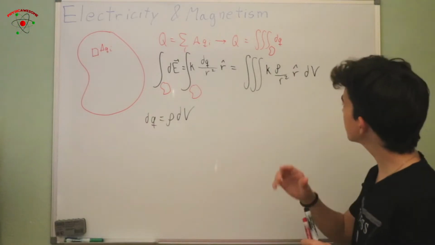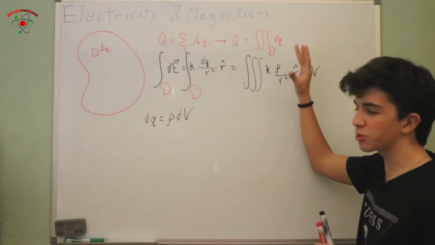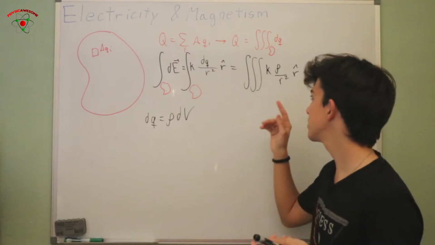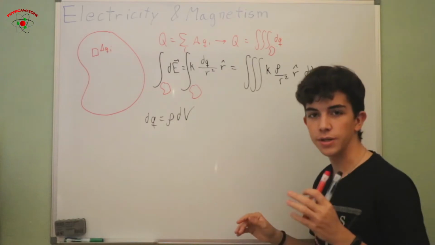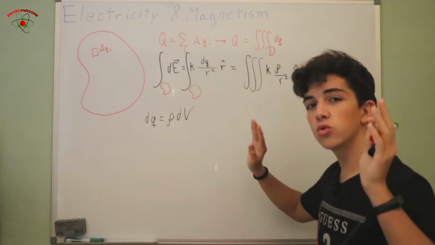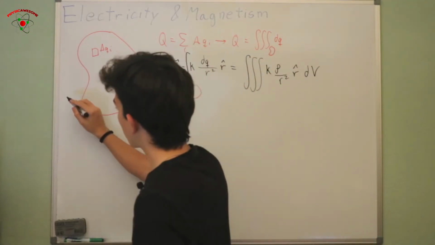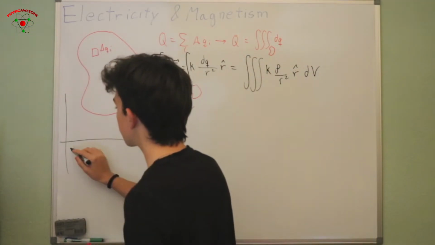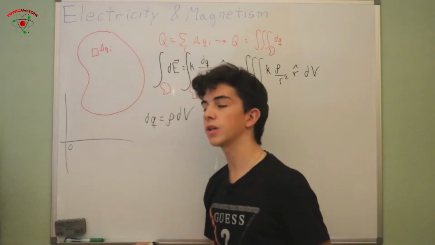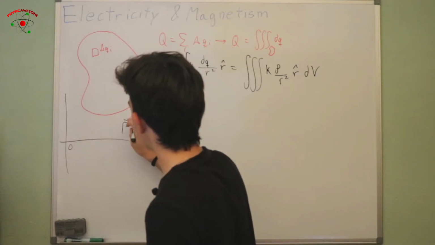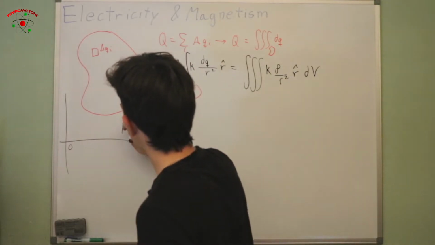However, this is still kind of an abstract expression because we do not really know what this r squared and this r hat mean, and we need a coordinate system for it to make sense. So we're going to have our coordinate system over here with our origin and our point P.